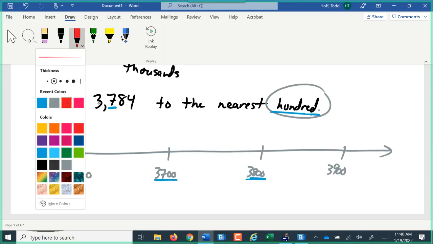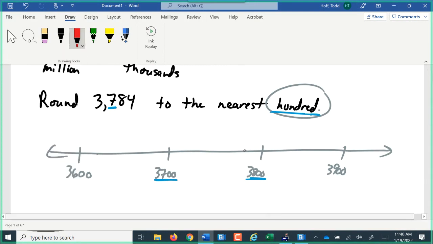Now we take that number, 3,784, we put it on our number line, and we can see that physically it is nearest or closest to the 3,800. Well, 3,784 rounded to the nearest 100 is 3,800. Because again, on the number line, physically, that's the 100 that it's closest to.